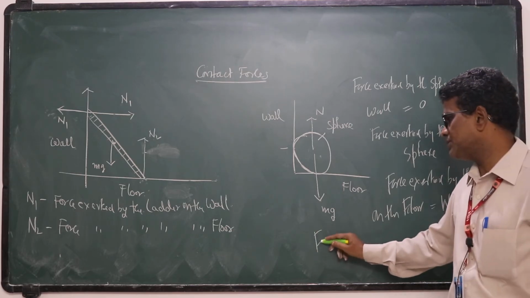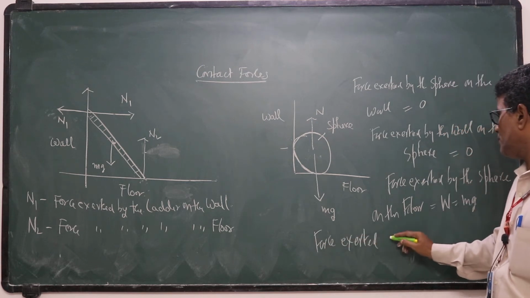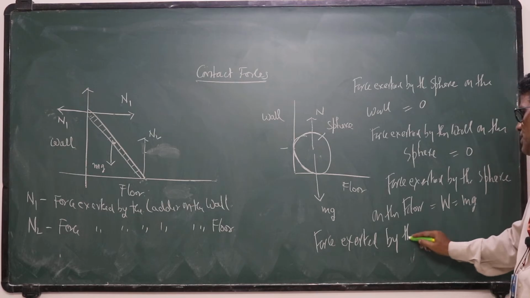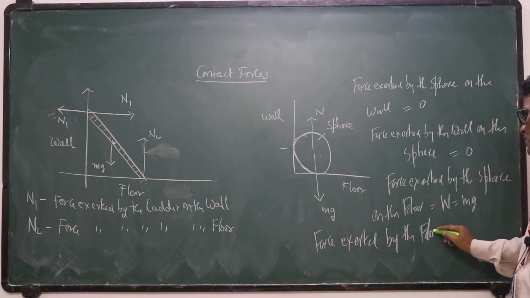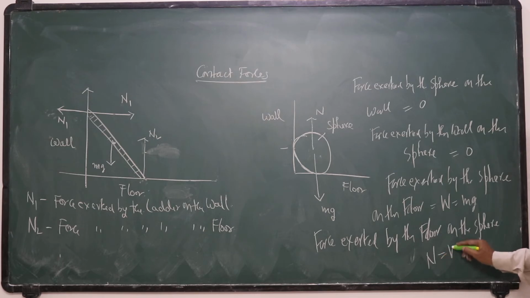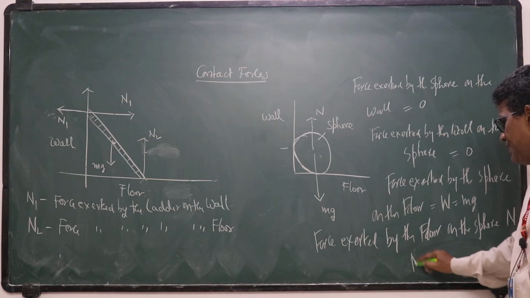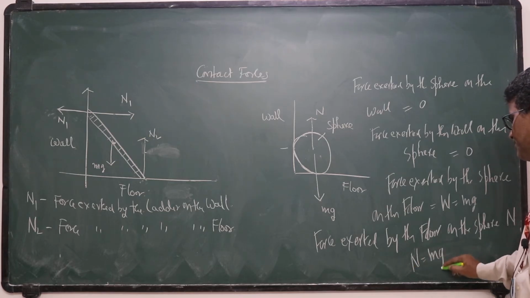What is the force exerted by the floor on the sphere? Can you say? It is N equal to mg. Since the sphere is in equilibrium, we can write N is equal to mg.